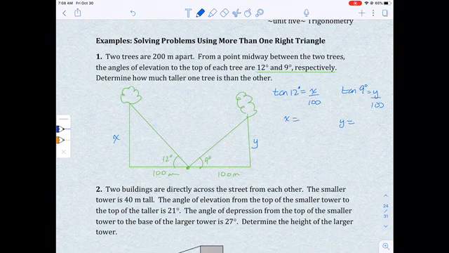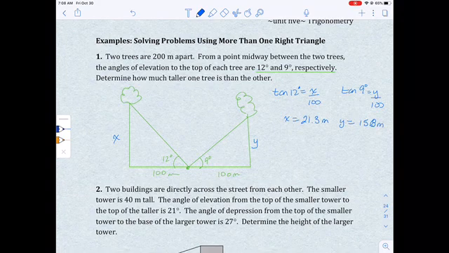And x, looks like x is 21.3 meters, and y is 15.8 meters, and therefore the difference is 5.4.